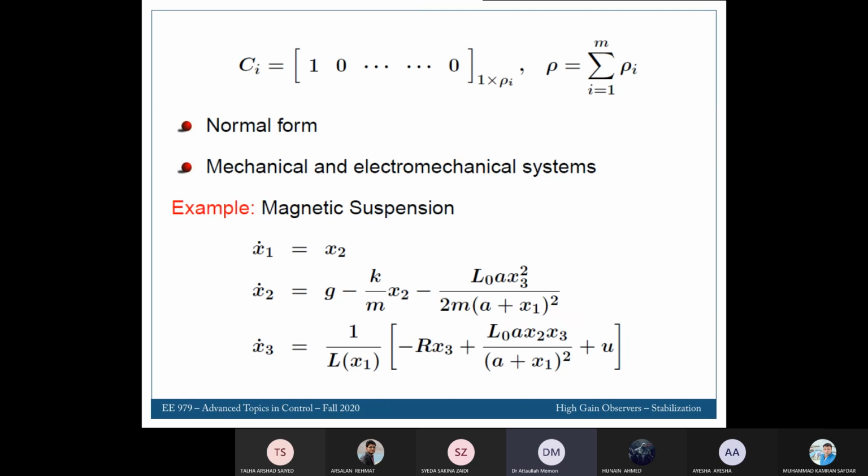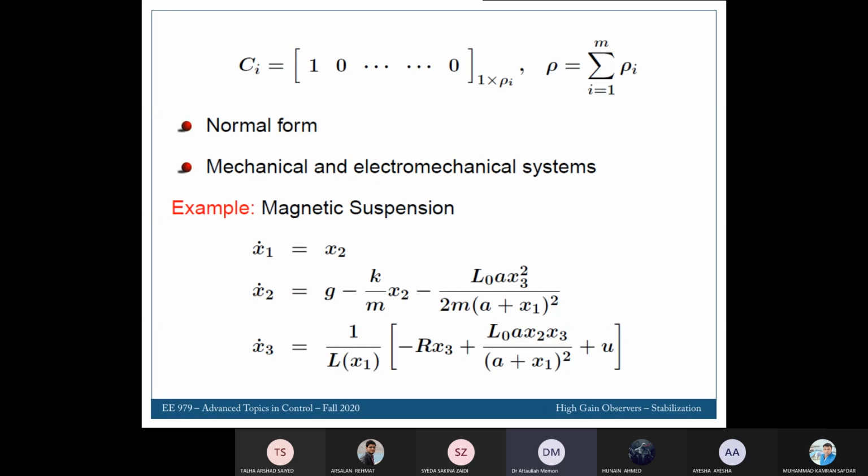If we have the system in normal form, then we can conveniently apply this. Just make the observer based on the equations of the external subsystem, because in the normal form we have to check whether the system is minimum phase.